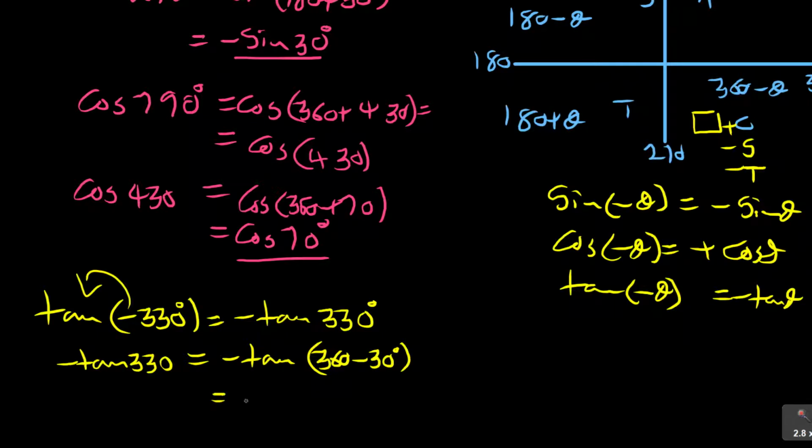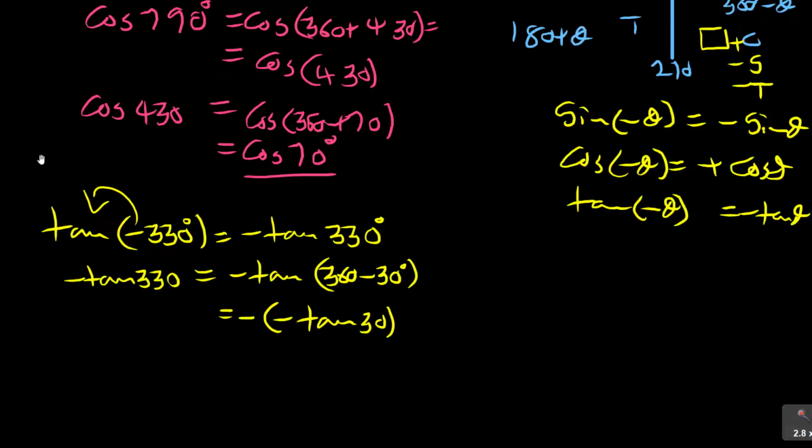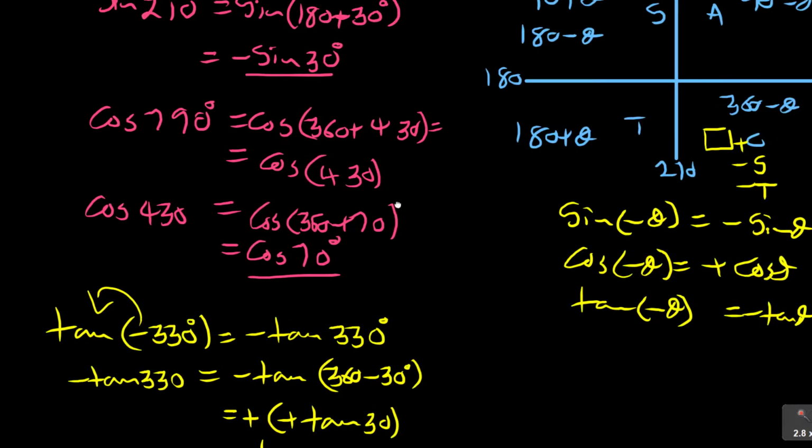Now what is tan in the fourth quadrant? It's negative. So you've got minus, minus tan 30. Do you see what is going to happen there? The negatives cancel each other to become tan 30, guys. Okay, so far so good.